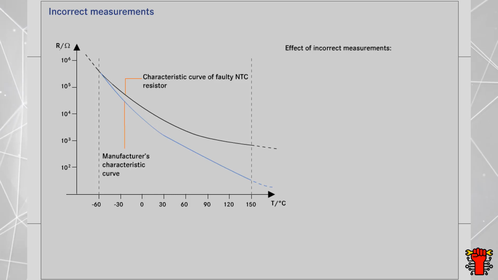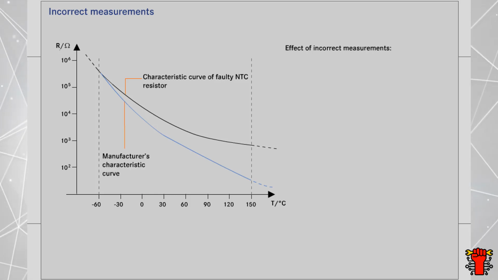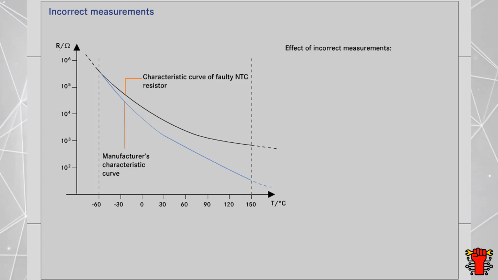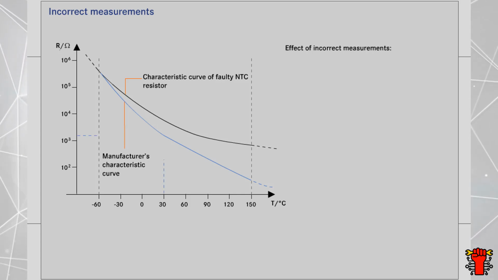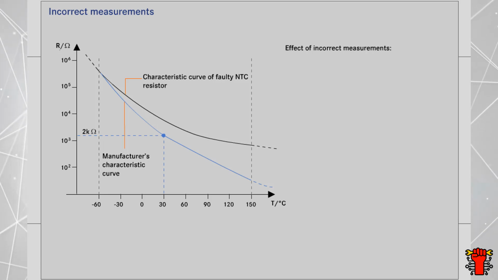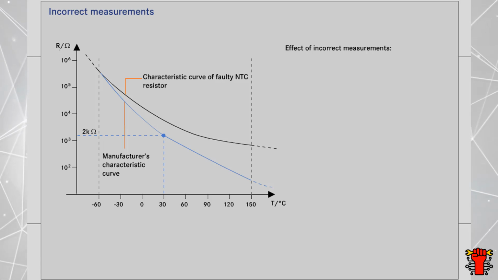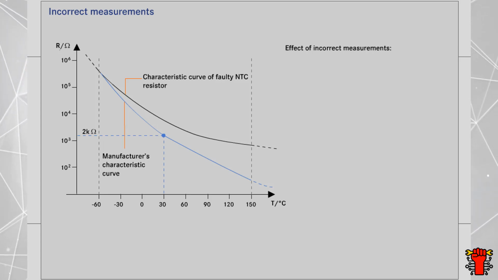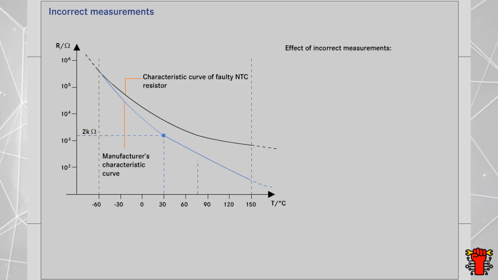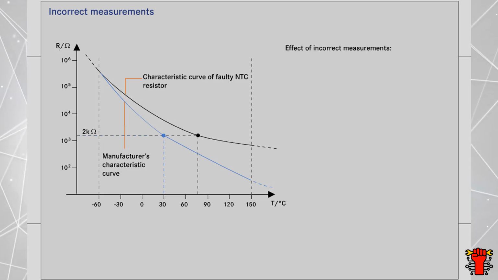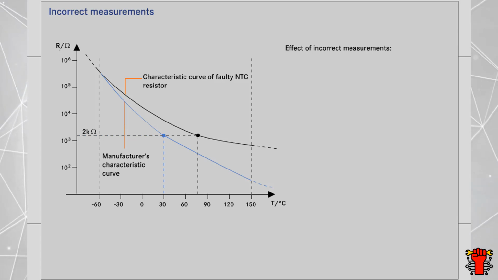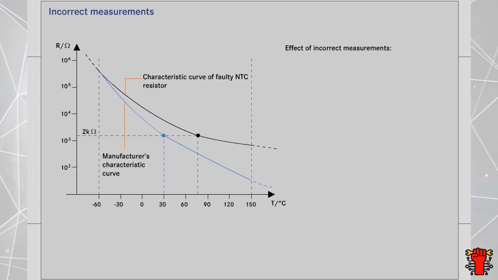The fault causes the NTC resistor to have a different curve to the manufacturer's characteristic curve. According to this curve, the sensor should have a resistance value of around 2 kilo ohms at 30 degrees centigrade. However, the faulty sensor does not reach this resistance level until a temperature of around 78 degrees centigrade is reached.